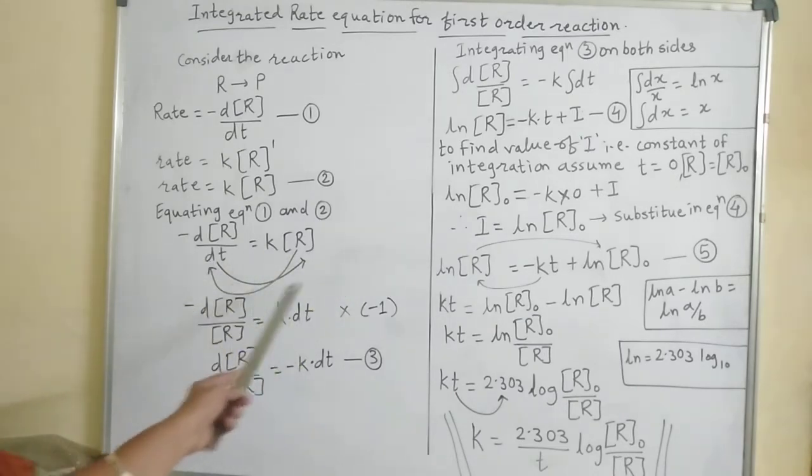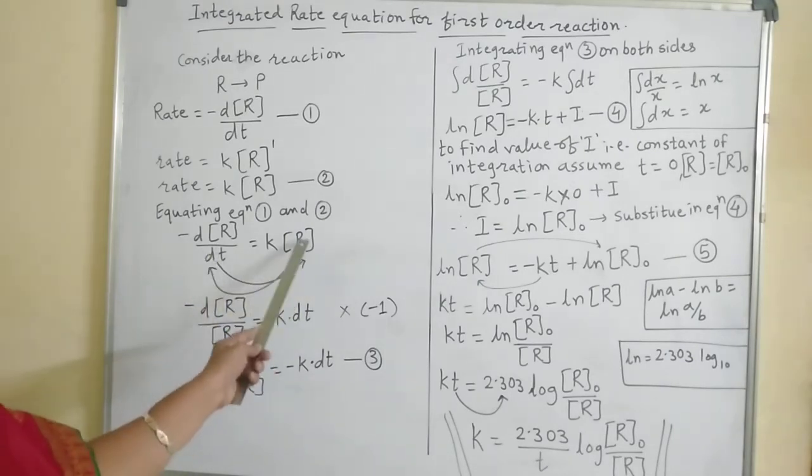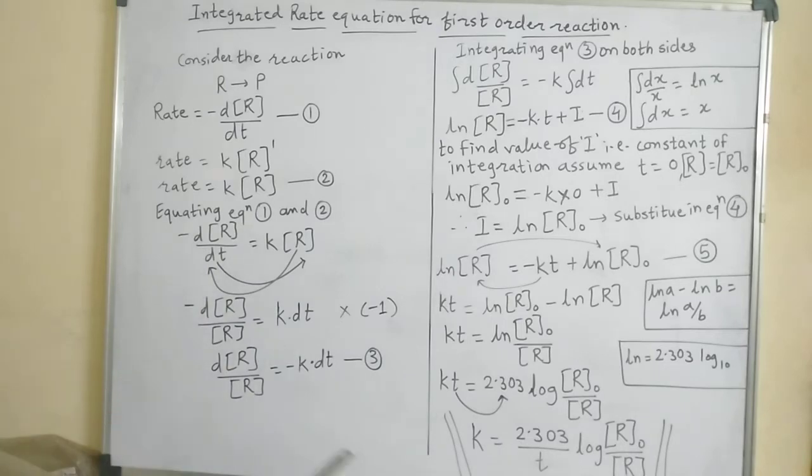Now making a little rearrangement of this equation, dt goes to this side and [R] comes to this side, and we get minus d[R] upon [R] is equal to k into dt.